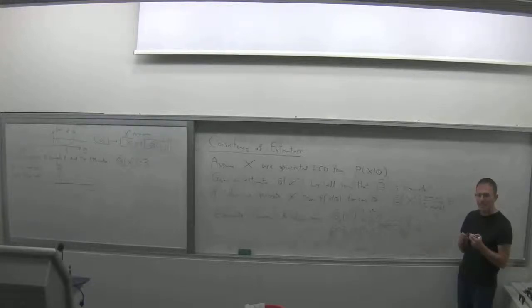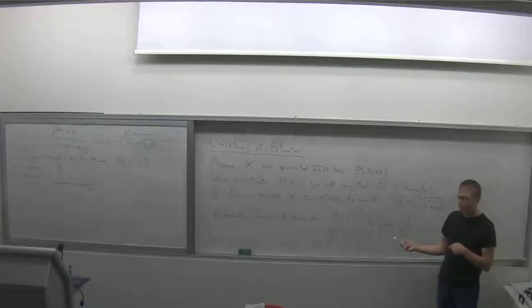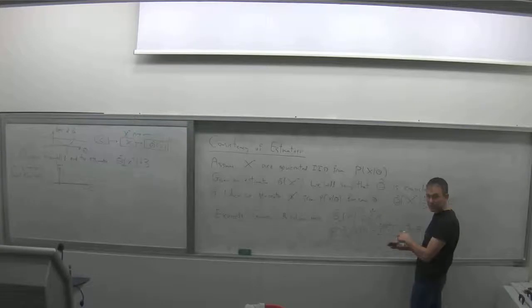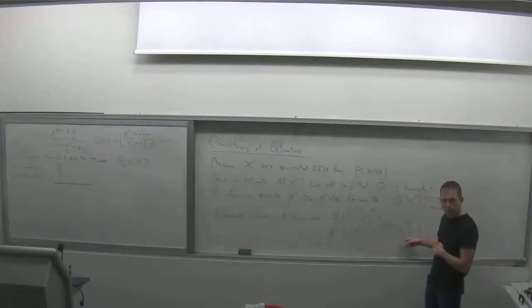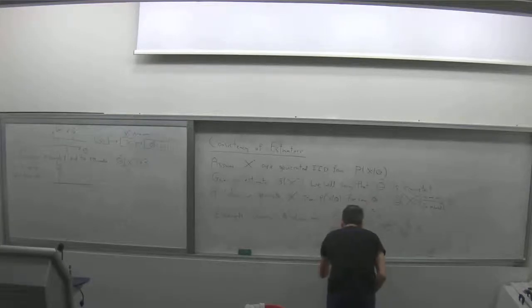Don't you need to change the summation with the expectation here? No, I just use linearity of expectation. Expectation of 1 over n times this sum, and I just took the constant out.